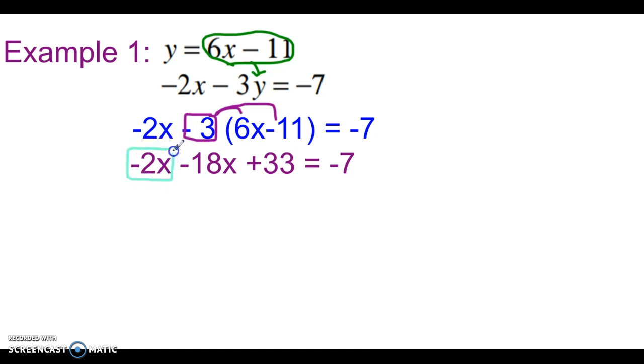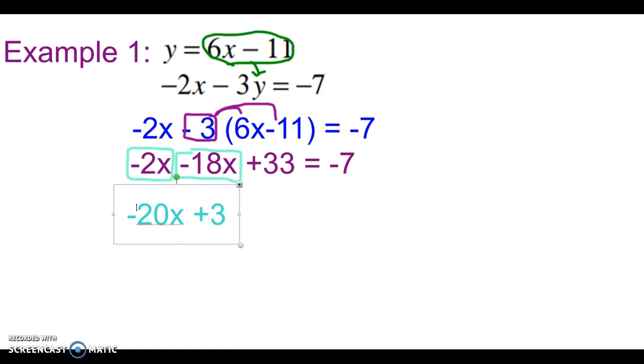So we have negative 2x, and its like term would be negative 18x. You can go ahead and box those in on your paper. If you like to circle them, that is totally fine too. When we add those together, be sure to use your calculator when you're doing this. Negative 2x plus a negative 18x will give us negative 20x.